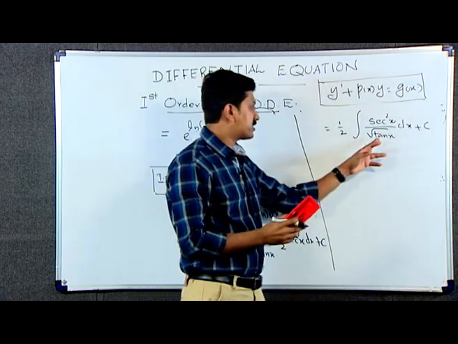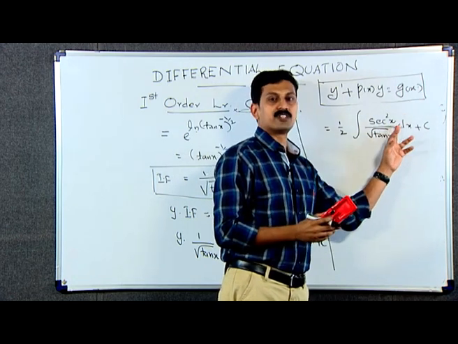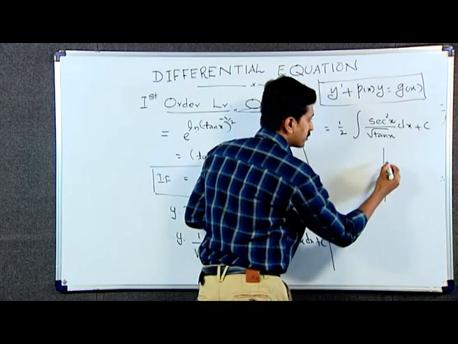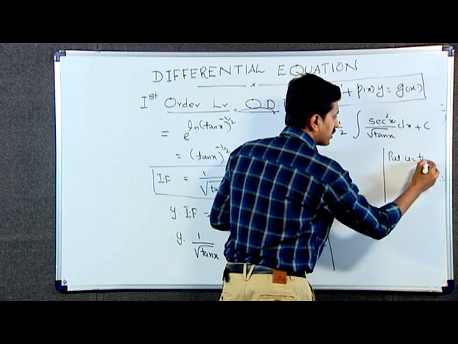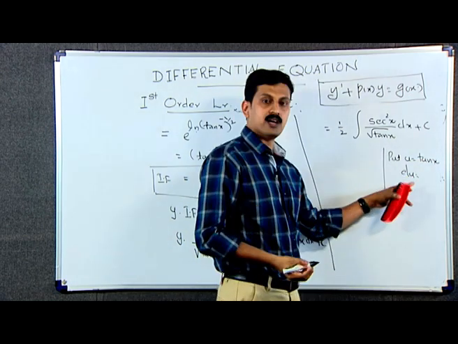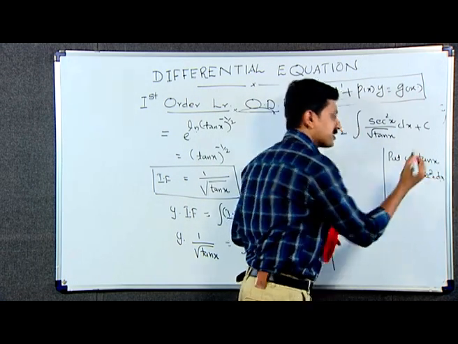As we discussed earlier, the derivative of tan x is sec square x, so we can use substitution here. Put u equal to tan x, then du is equal to sec square x dx.